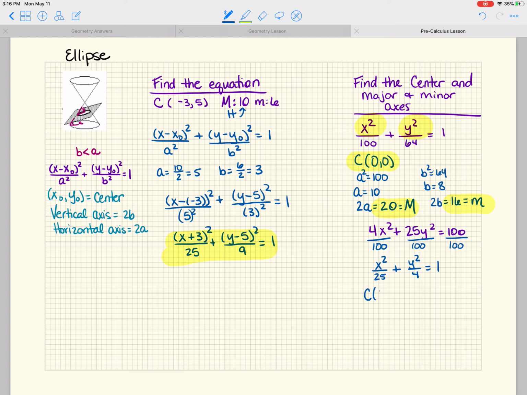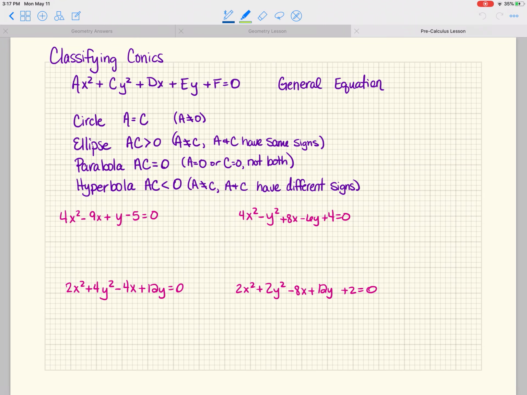Then we can identify our center. We can find a squared and b squared. So a is 5, 2a is 10, b is 2, and 2b is 4.